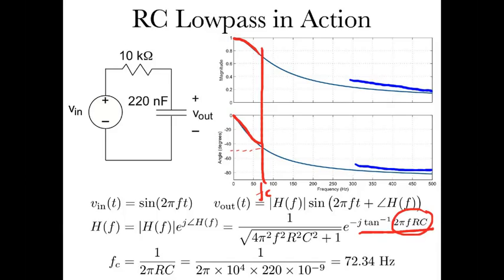So, what is sine of 2 pi ft minus pi over 2? What does that equal? What I get is that that is minus cosine.